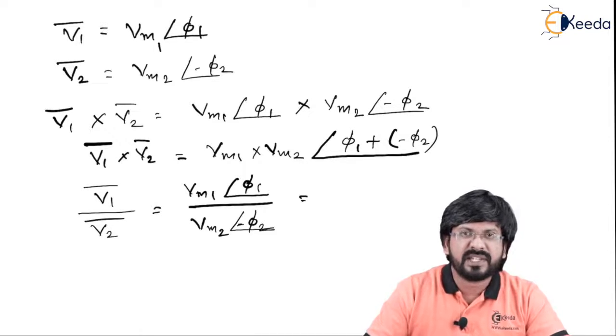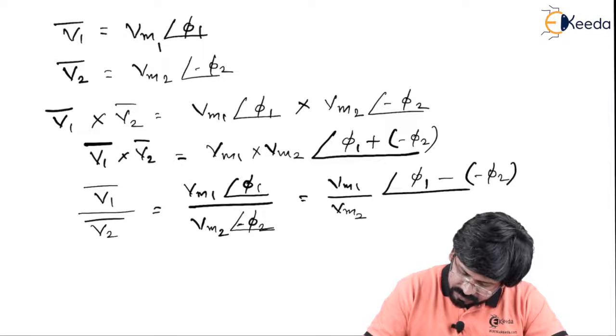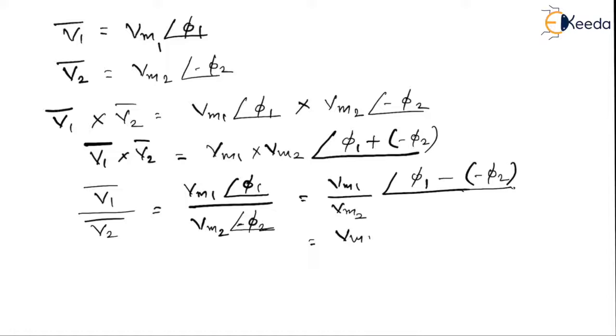The second signal had phase as negative. Therefore, now it has become Vm1 by Vm2 at an angle phi1 plus phi2. Please remember, in the division, angle really gets subtracted. Here it becomes addition because phi2 was negative and negative became positive. So this is how we use polar form for multiplication and division of alternating values.